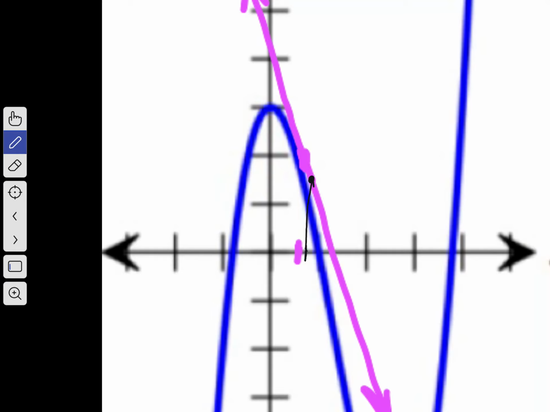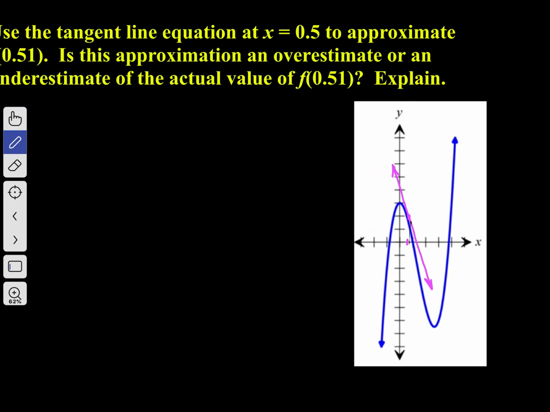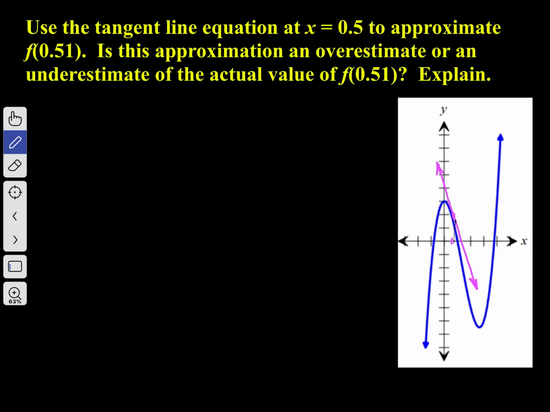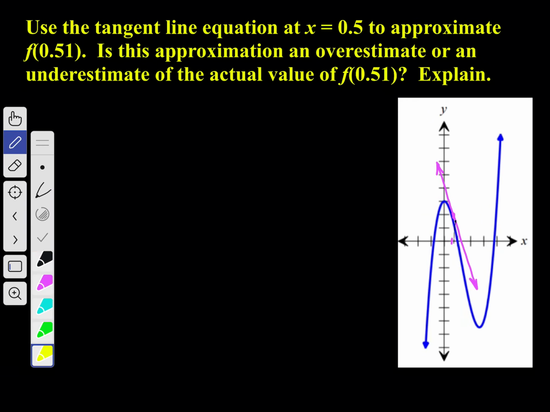Okay, so what do we think about that approximation? Is it an overestimate or an underestimate of this curve? Well, since that tangent line is above the function, we can say that it is an over approximation.